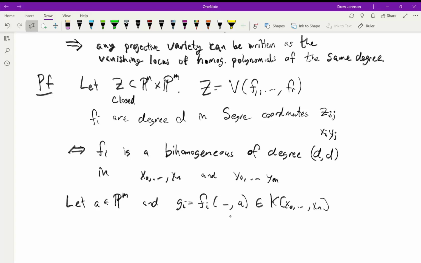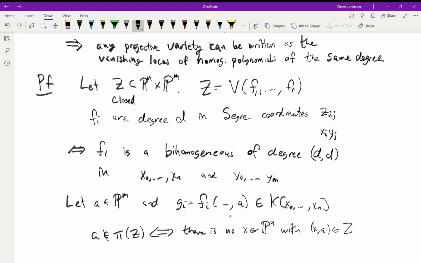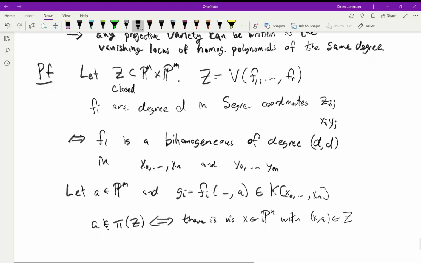So A is not in the image of Z. That's exactly saying there is no x in Pn with (x, A) in Z. That's just the definition of the projection. Okay, but that's the same thing as the vanishing set of G1 through Gr being empty.